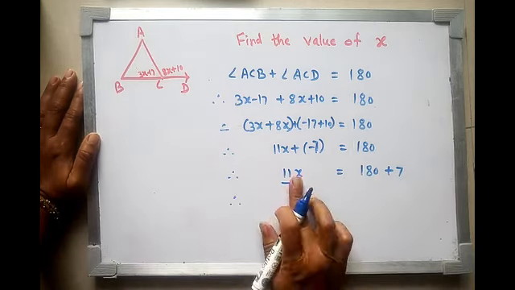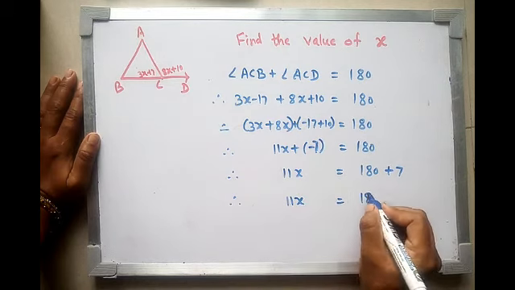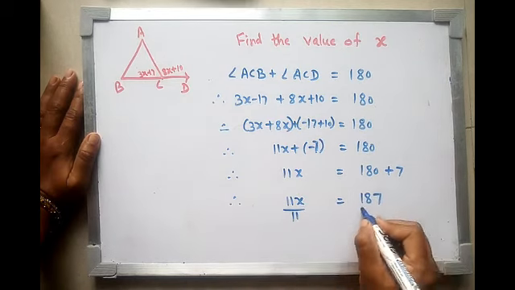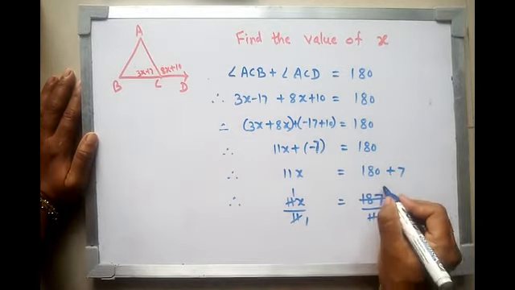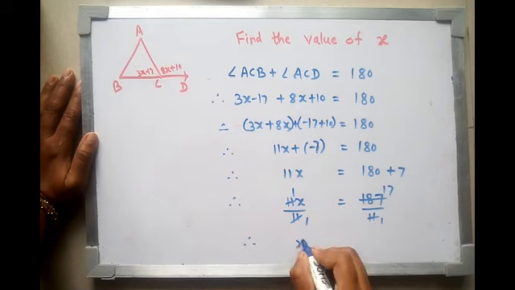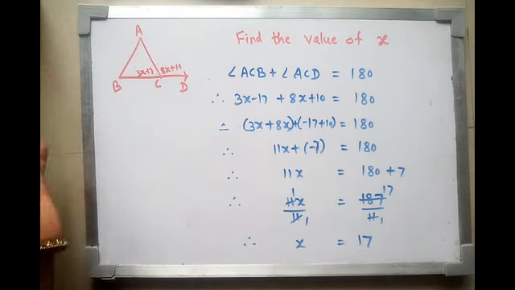11x is equal to 187, divided by 11. 11 ones are 11, 11 ones are 11, 11 sevens are 77. x is equal to 17.